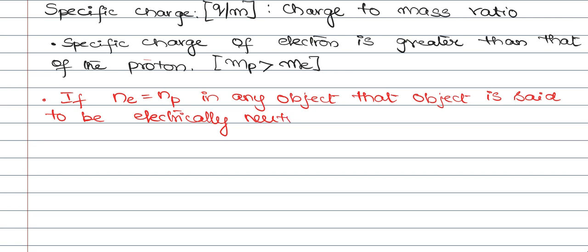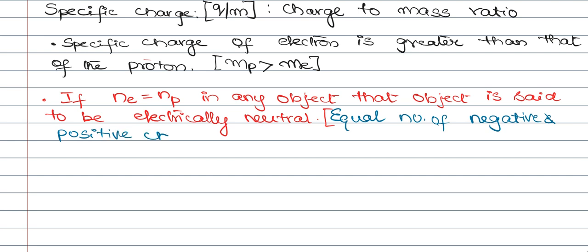So it has an equal number of positive and negative charges. We can say that it has an equal number of negative and positive charges, then it is electrically neutral.